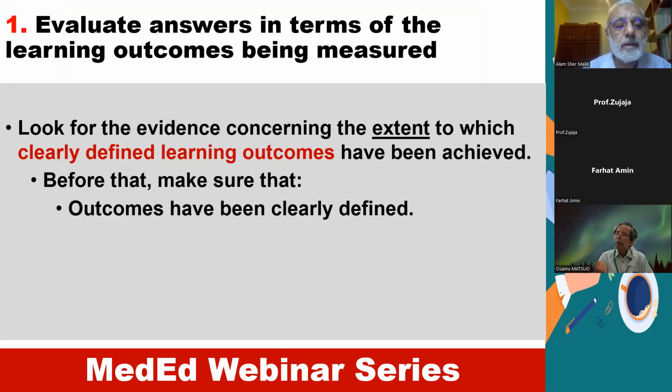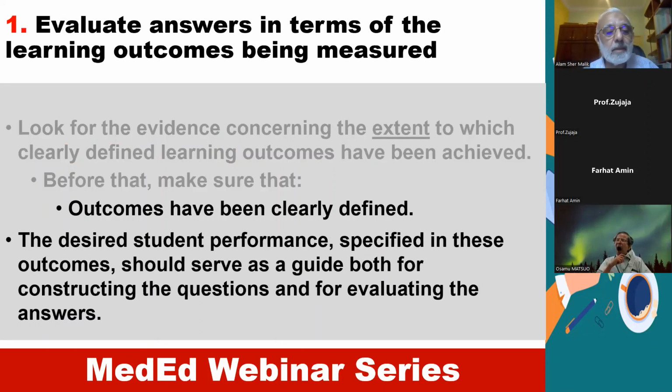However, to apply this, we must make sure that the outcomes have been clearly defined. The desired student performance specified in these outcomes should serve as a guide, both for constructing the question and for evaluating the answers. So obviously the outcomes would help in both, but more importantly, in terms of identifying the components of rubrics.